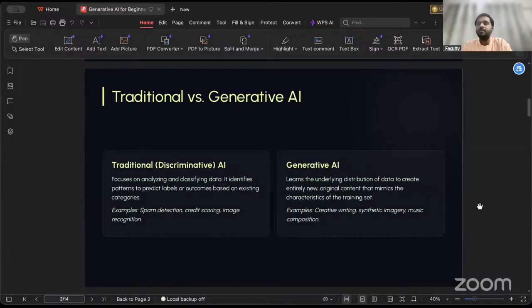Classification means we were able to identify whether a particular email is spam or not, or whether the given image is a dog or cat, depending upon the training data we were feeding. Similarly, we were also able to identify outliers, and to know how our credit scores are getting affected. If we wanted to detect specific objects in a given image, that also we were able to do. How were we able to do that?